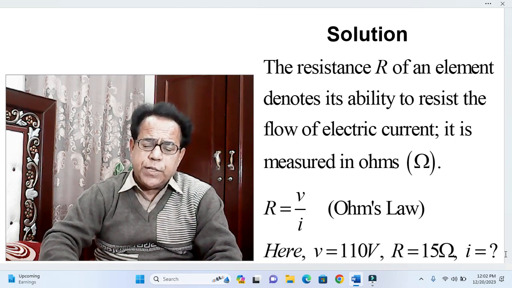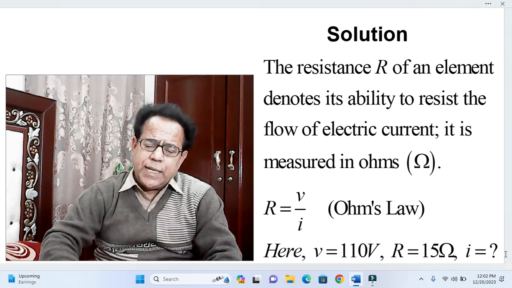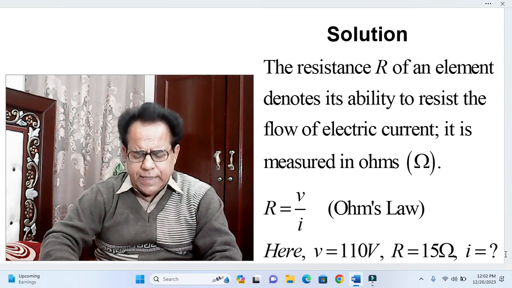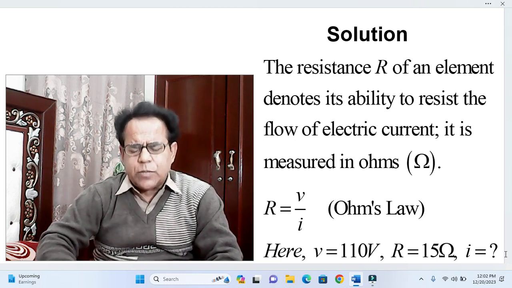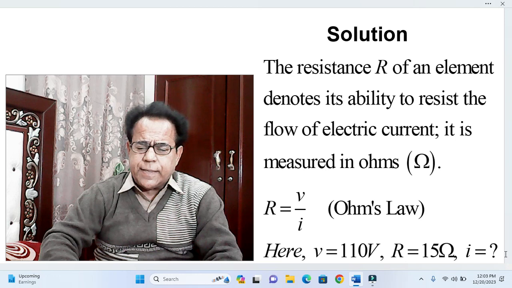We are going to determine current. But for current, the same statement works exactly and correctly. It does not make any difference whether we want to know resistance or current.